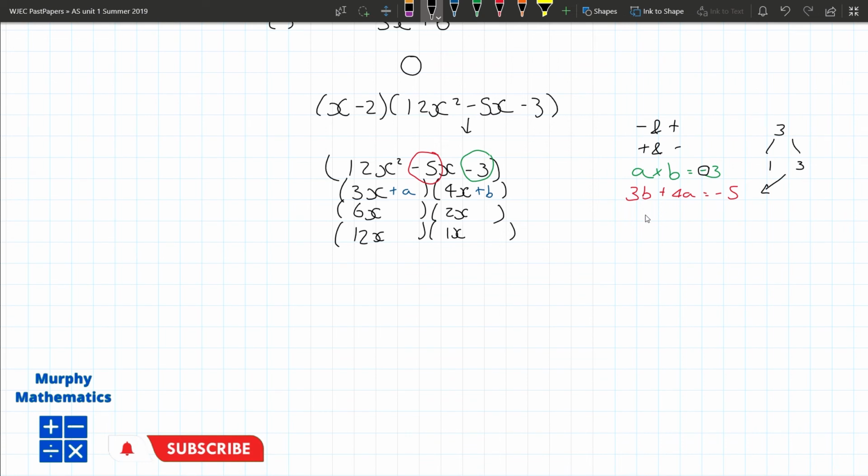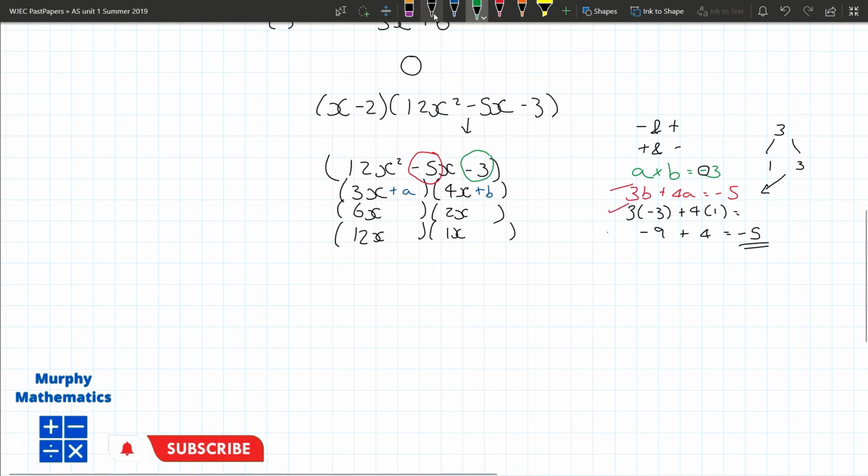So I think 3 lots of negative 3 plus 4 lots of 1. So what would that equal? That's minus 9, that's positive 4, so that equals together minus 5. Great, and so that satisfies the second equation, the red equation.